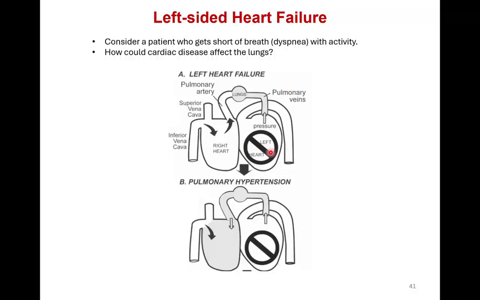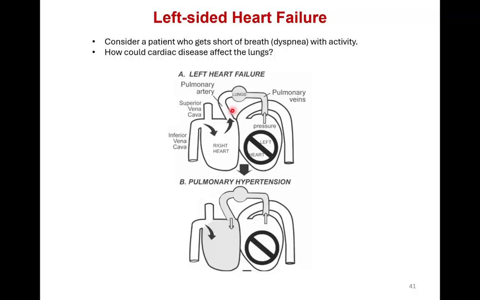So if this part of the circuit is not holding up its end of the bargain and it's not pumping blood effectively, what's going to happen is that the incoming blood, and so that's blood from pulmonary circulation, is going to start to back up, right? And as it starts to back up, where is it going to back up?